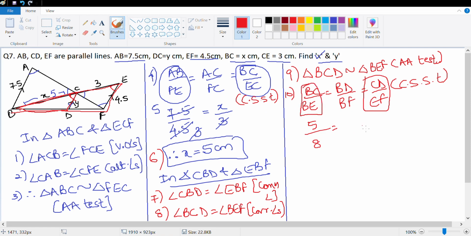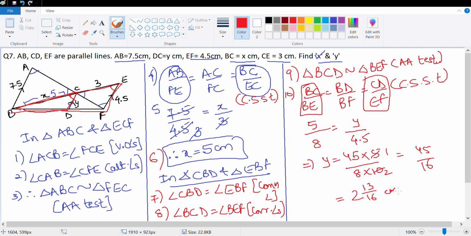So CD is Y and EF is 4.5, which means Y is equal to 4.5 into 5 upon 8, which is 45 into 5 upon 8 into 10, which means 45 upon 16, which is 2 and 13 upon 16 centimeter. Therefore, Y is equal to 2 13/16 centimeter.